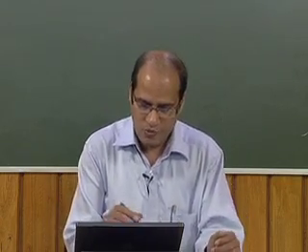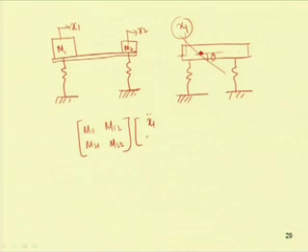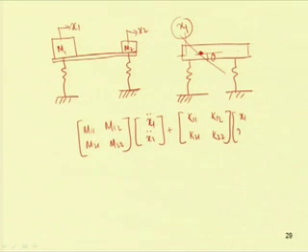So, the equation of motion for a multi-degree of freedom system can be written in this form. Let for a 2 degree of freedom system, it will be M11, M12, M21, M22, into x1 double dot, x2 double dot, plus k11, k12, k21, k22, x1, x2.